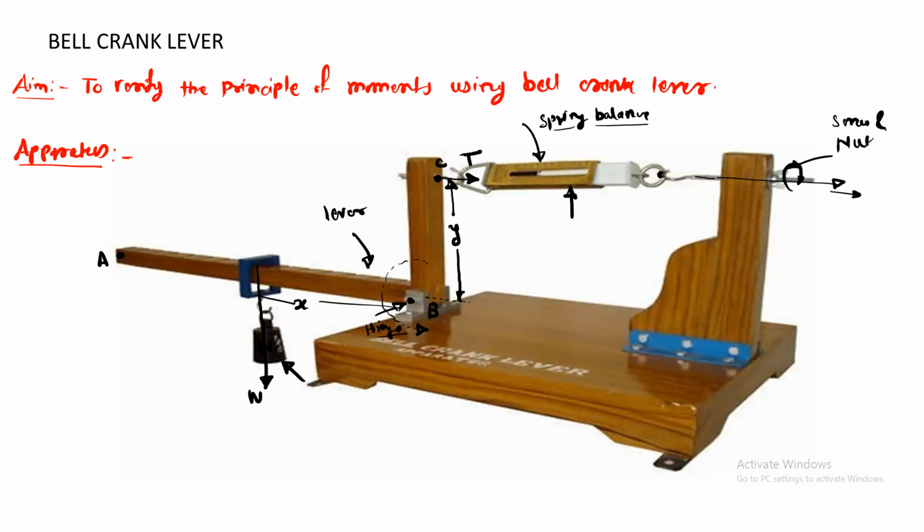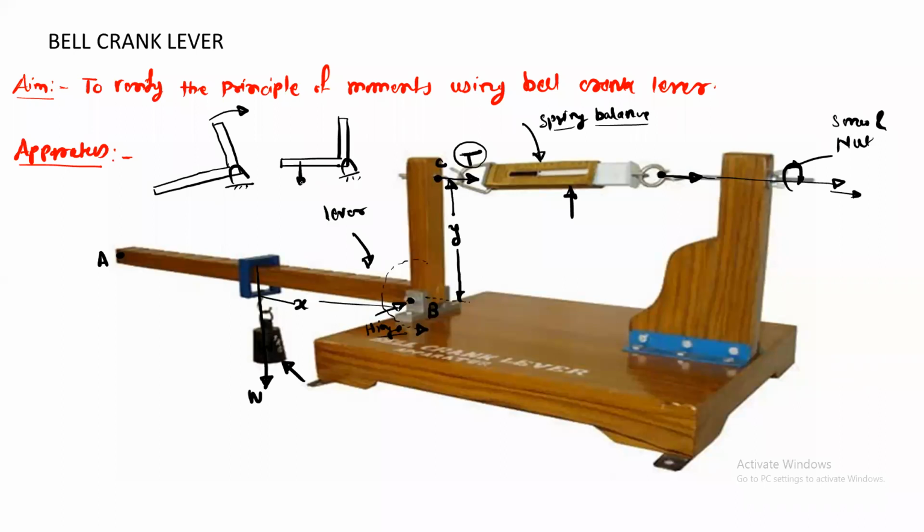So basically, it will apply the force at this point, and this will create the tension T. So that your lever, which is rotated due to dead weight like this, will come back to the original equilibrium position like this.